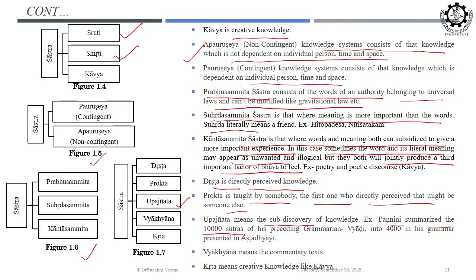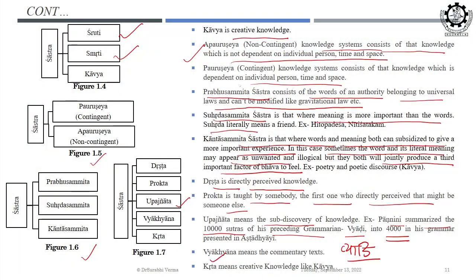He summarized the 10,000 sutras of his preceding grammarian, who is named Vyadi. Vyadi composed his grammar in 10,000 formulas, and Panini summarized them in 4,000 sutras, and then presented his own compendium Ashtadhyayi. So, this Ashtadhyayi is a kind of rediscovery or sub-discovery of the same knowledge.